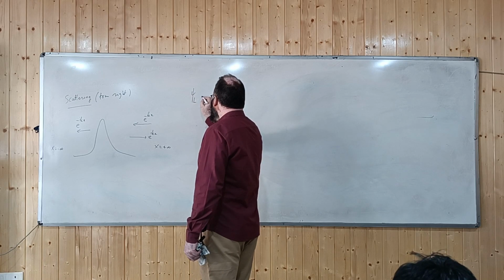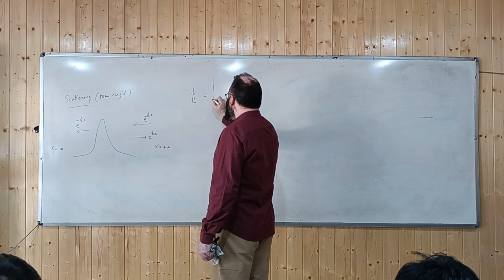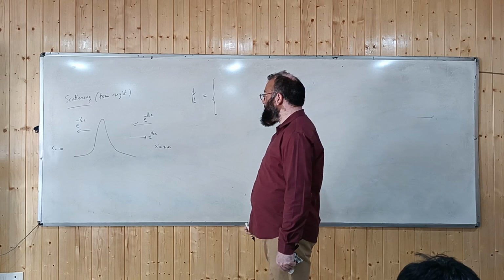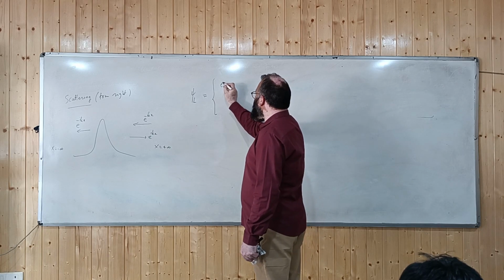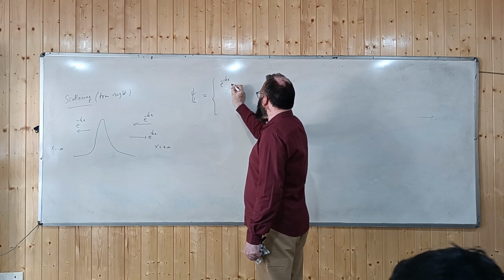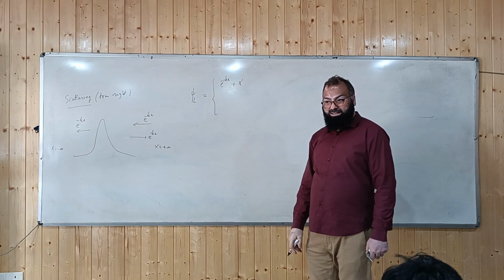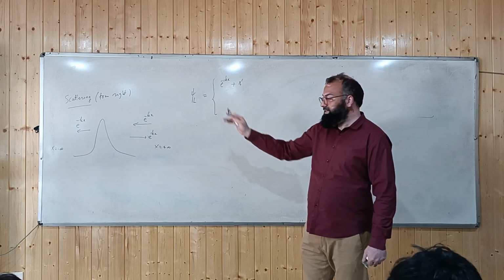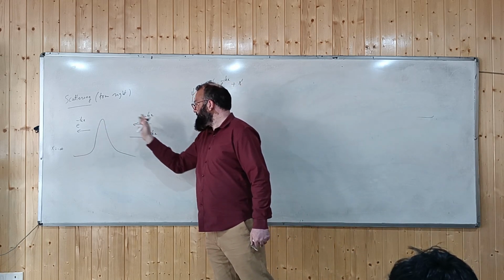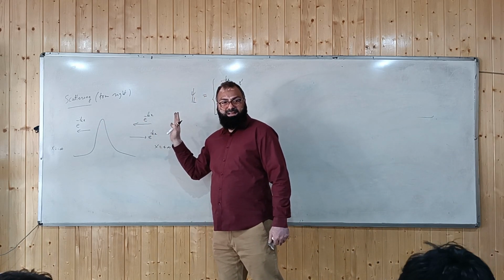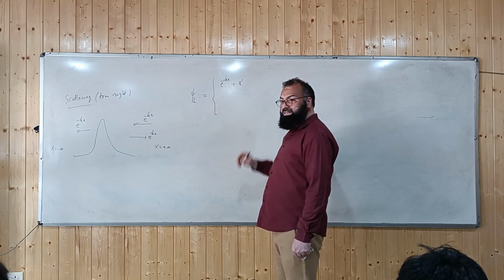So psi left I will put as, now tell me, what should I write? I will write e raised to the power minus i kx plus, let me introduce r prime to be the reflection coefficient. Clear? Because I started from left, now I consider from right. So instead of writing r, I will put r prime.